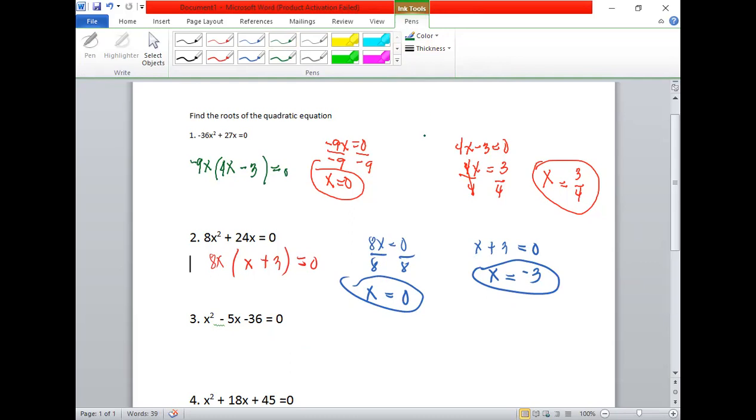You need to find the factors of the last term that will make negative 5 if you get the sum of those factors. So negative 36. What are the factors of negative 36 that make negative 5 if we add them? Okay, so the factors are negative 9 times 4.